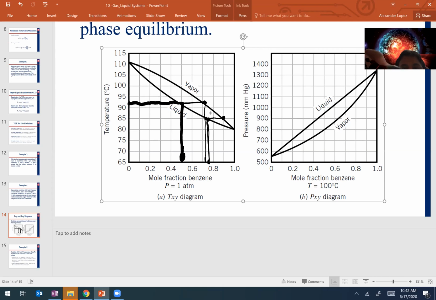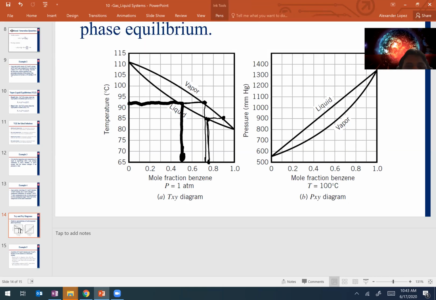And so what that indicates to us is that even though it might look like it should come out and just kind of go to the bottom, right? Kind of like this, that's not how a total condenser operates. A total condenser is going to make everything liquid.